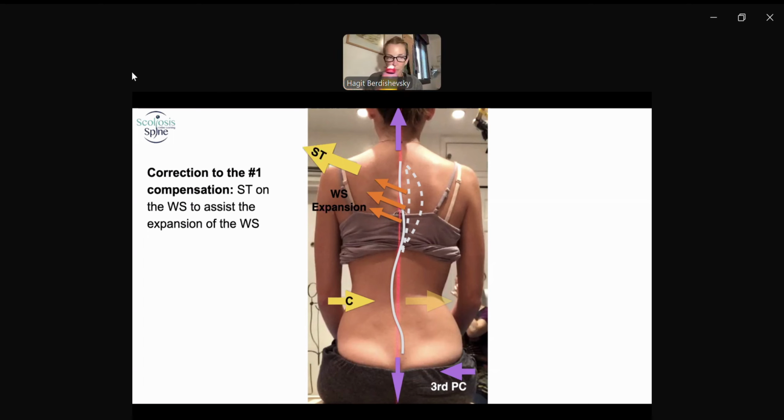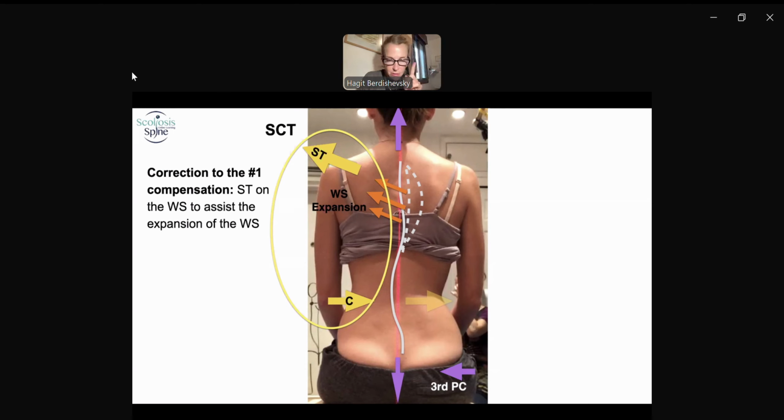So this is really the correction to the number one compensation here on this area. And we call it, at the end, shoulder counter traction on the weak side.